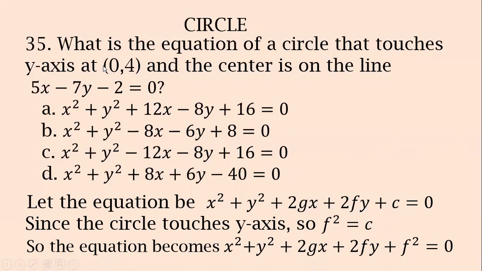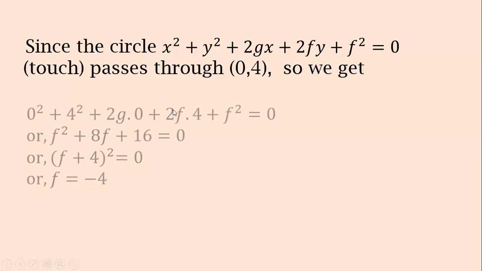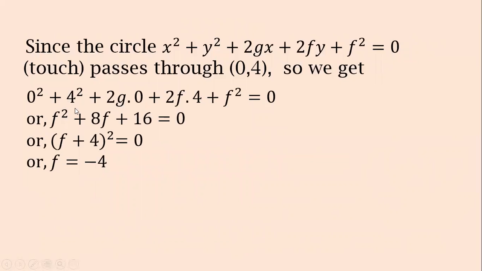Now the equation passes through (0, 4), so definitely this point will be on this circle. So we can put x is equal to 0 and y is equal to 4. From this relation, we get f is equal to minus 4. And again, c is equal to f square, so c is equal to 16.